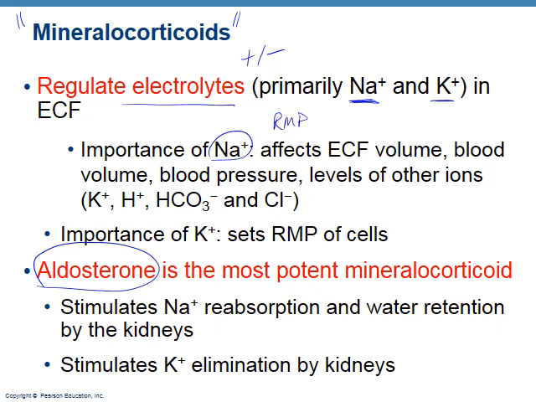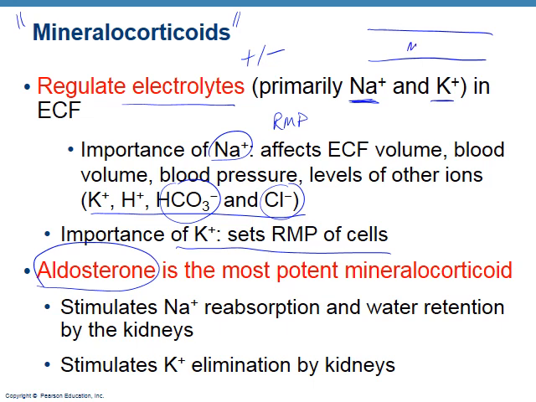We're also going to look at other ions at some point in the semester, like bicarbonate and chloride. Remember, the potassium also sets the resting membrane potential. So remember, if you had your muscle here, you had your sodium on the outside and you had your potassium on the inside, and that's what set your resting membrane potential. Eventually, the sodium is going to come in and the potassium is going to leave during relaxation, right?